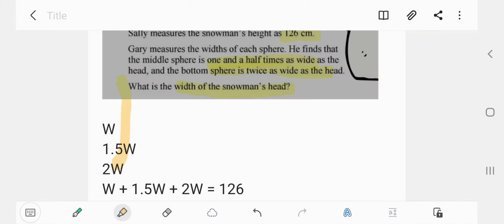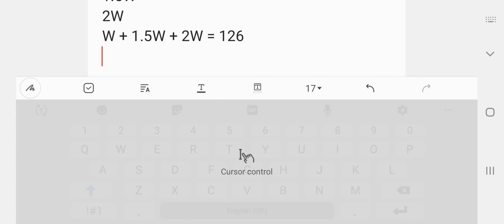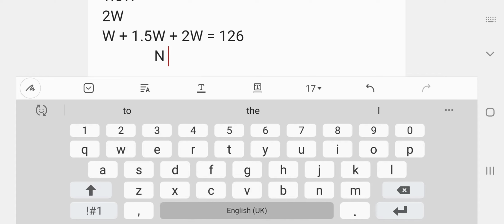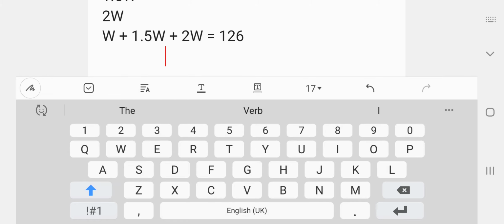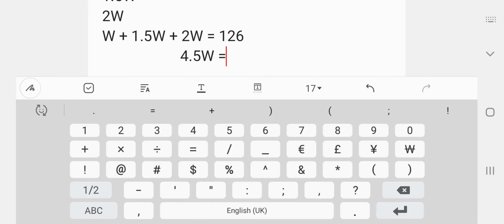Now how do we solve this equation? Firstly we can see that W plus 1.5 W plus 2 W is 4.5 W, which is equal to 126.